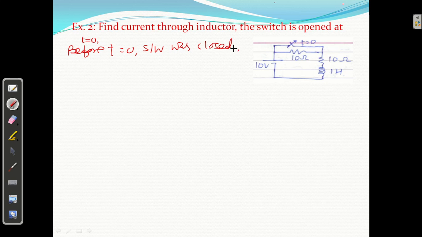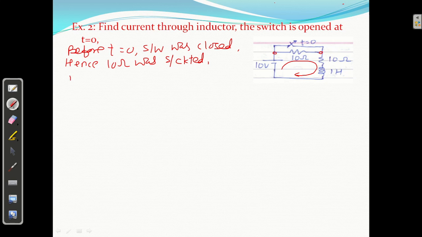If it was closed, hence what would have happened? The 10 ohm resistance, this part, this 10 ohm, was short circuited. Hence the 10 ohm resistance was short circuited. So current was flowing in this way.